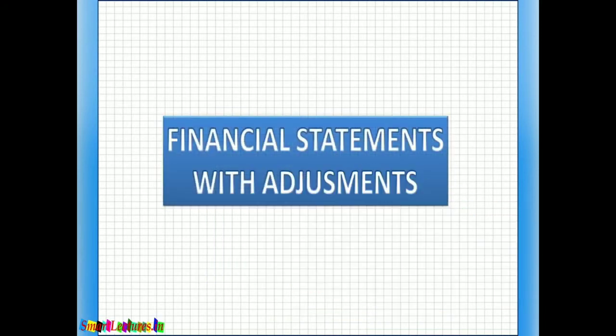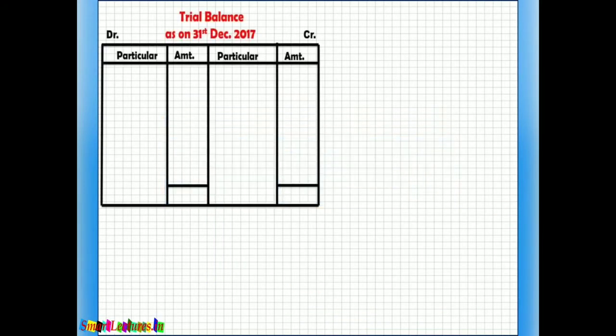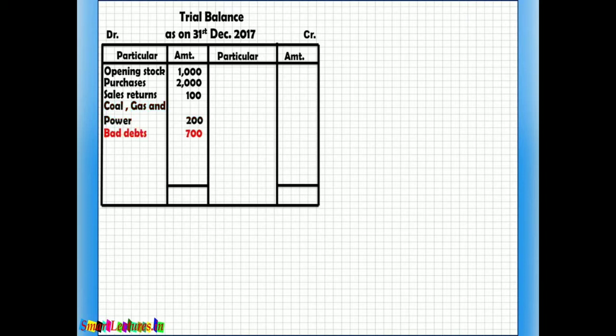Financial Statements, Episode 7. This is the trial balance as on 31st December 2017. Opening stock 1000, purchases 2000, sales returns 100, coal, gas, power 200, bad debts 700, debtors 4000, land 1000, copyrights 2000, total 11000.